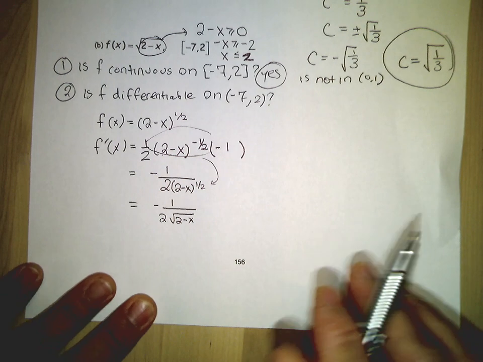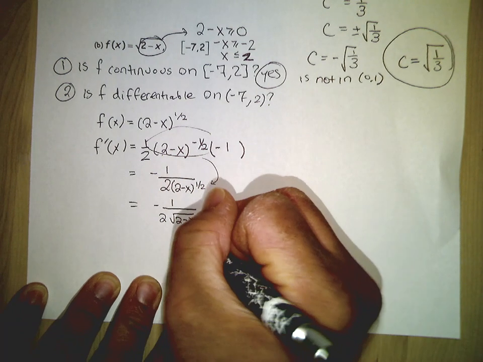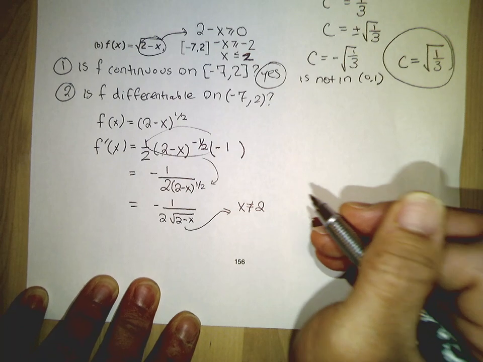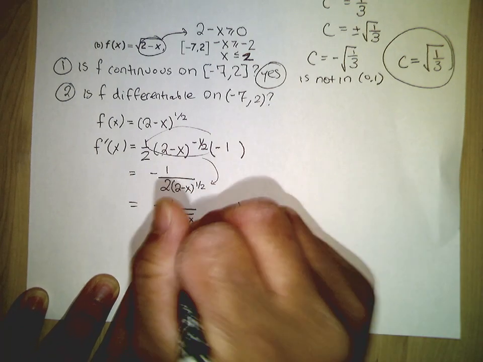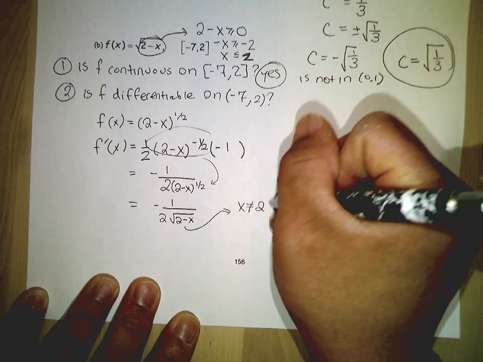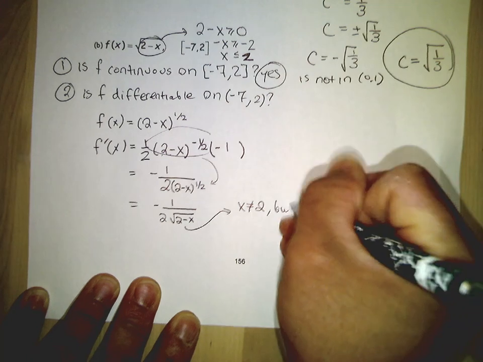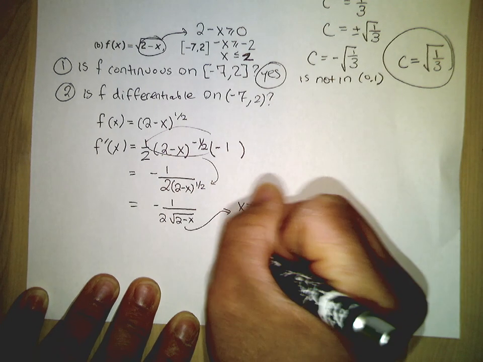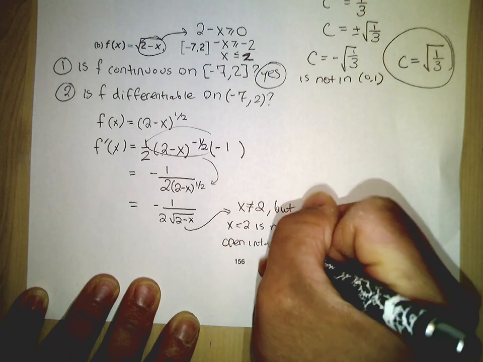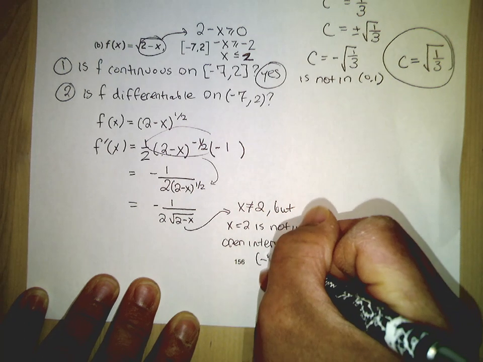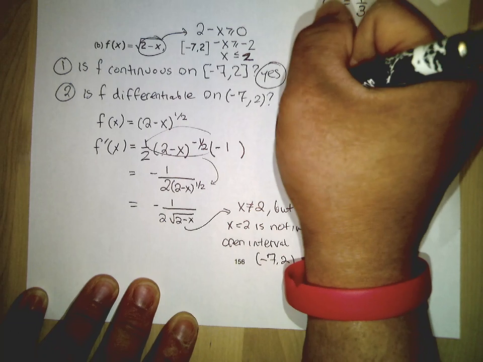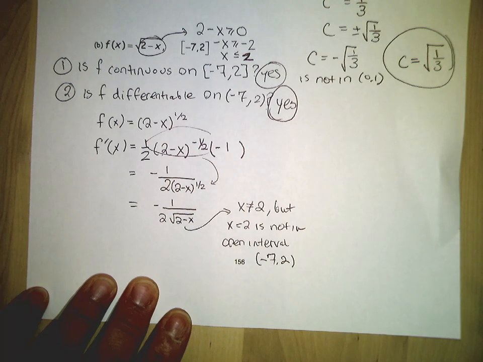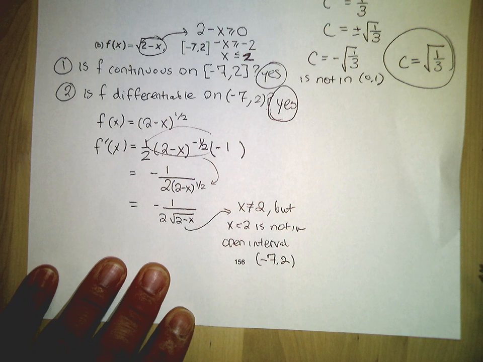Now, I do know that x cannot equal 2 because that would make the denominator equal to 0. However, 2 is not in the open interval of -7 to 2. So that means f is differentiable on that open interval.